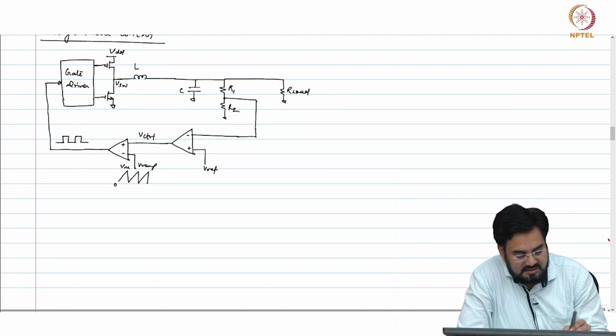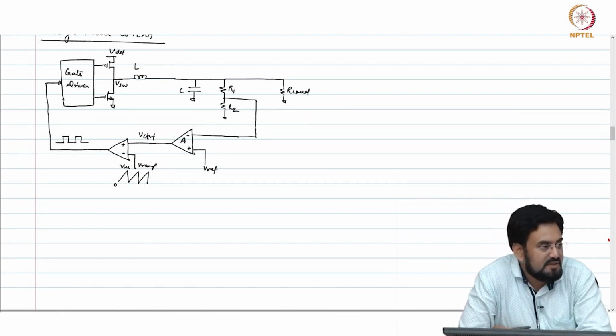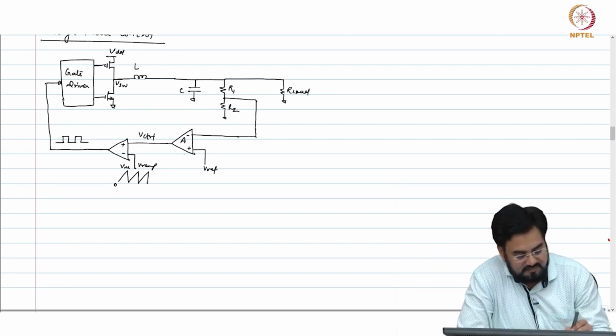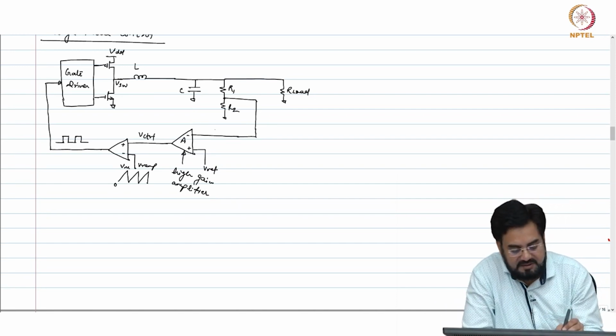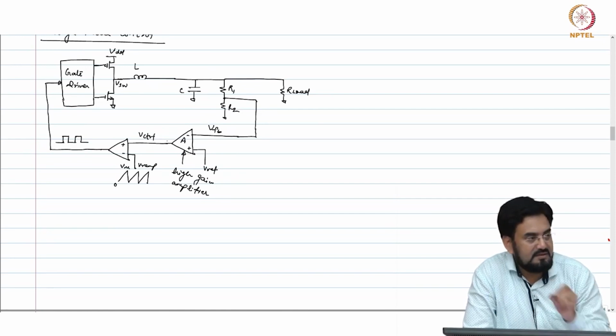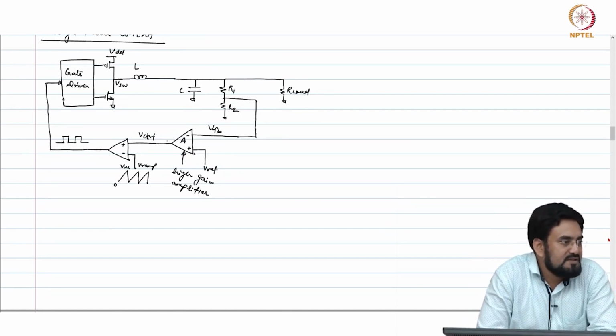So which means this amplifier has to be a very high gain amplifier. So it will take the difference of Vref and VFB and will change the control voltage.